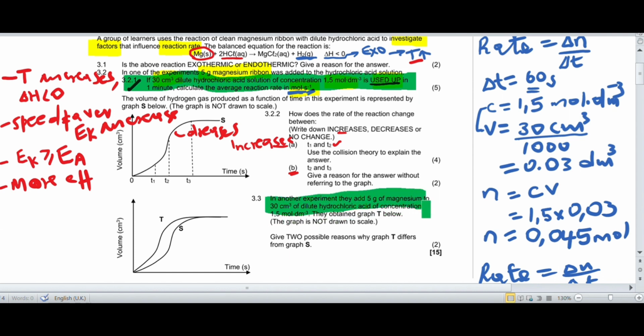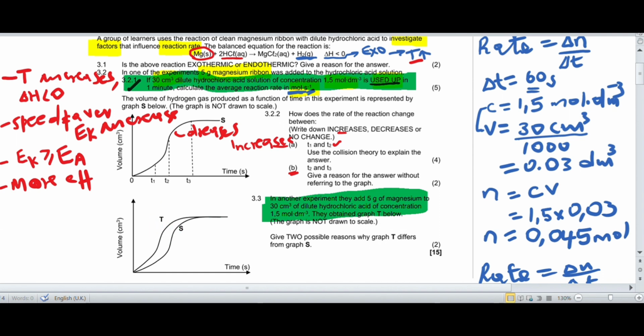That is another experiment. Everything is the same. There is 5 grams of magnesium, 30 cm cube of dilute hydrochloric acid, in both containers, both reactions. So now they obtained graph T below.